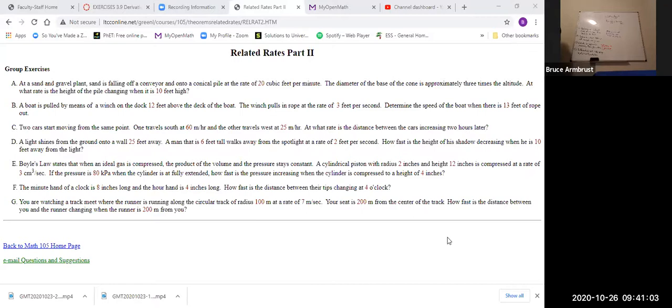Okay, so let's jump down to D. So D, it says a light shines from the ground onto a wall 25 feet away. A man that is 6 feet tall walks away from the spotlight at a rate of 2 feet per second. How fast is the height of his shadow decreasing when he's 10 feet away from the light?